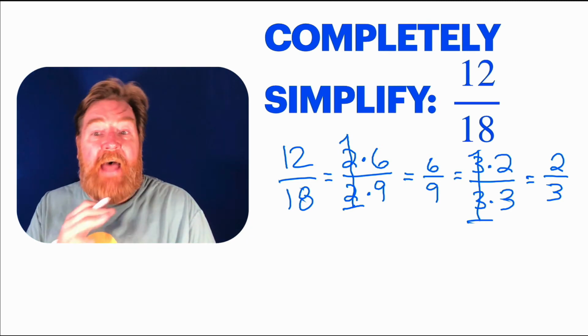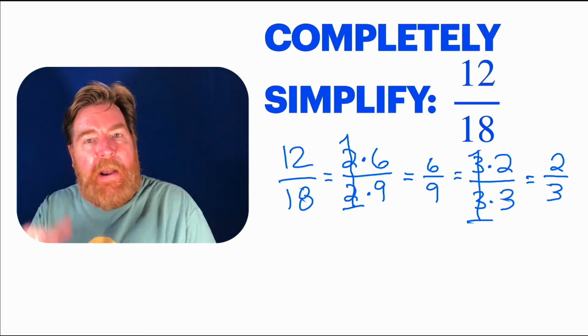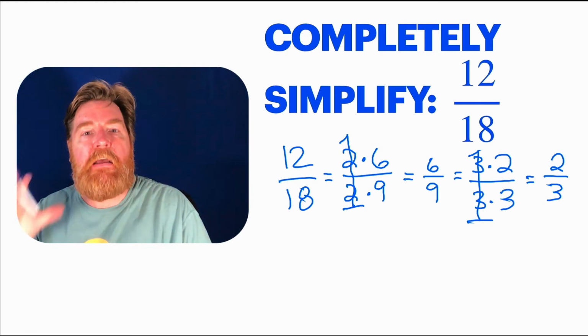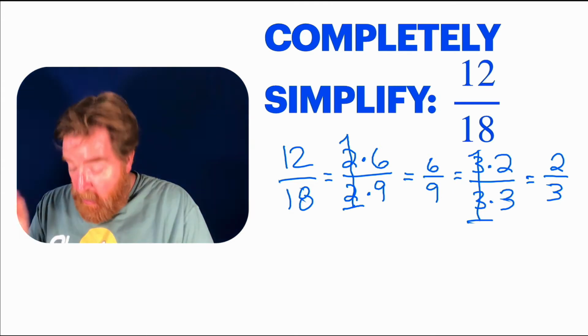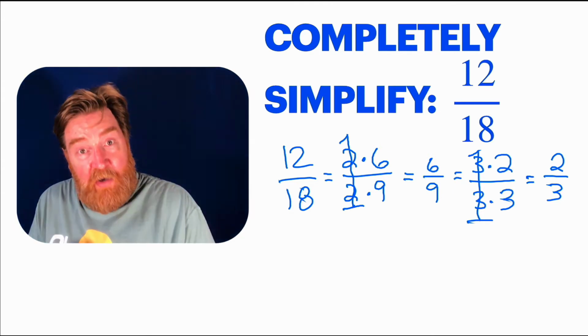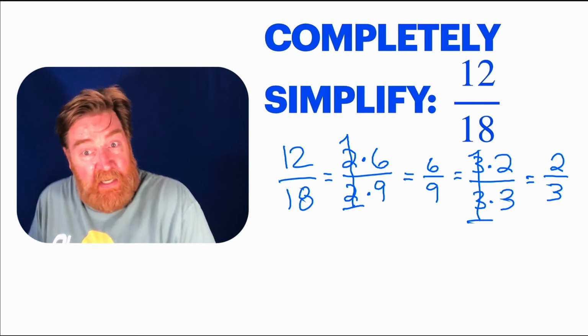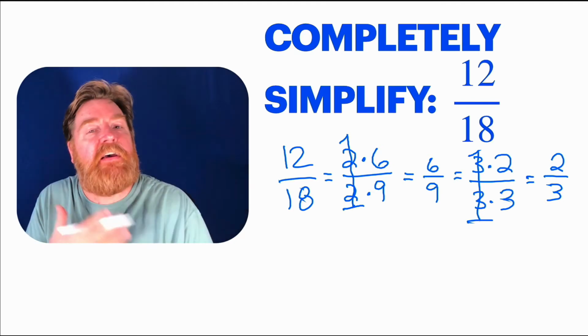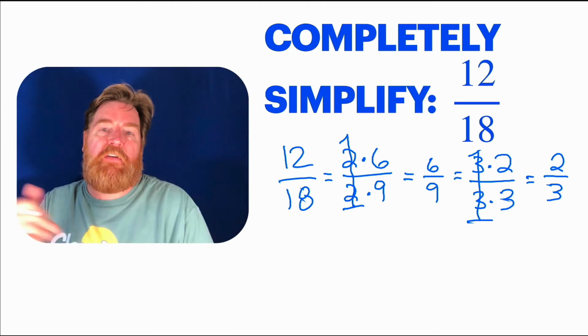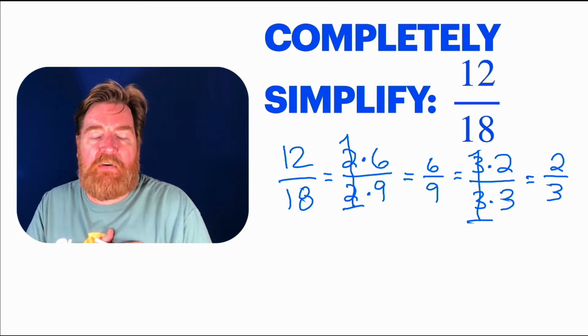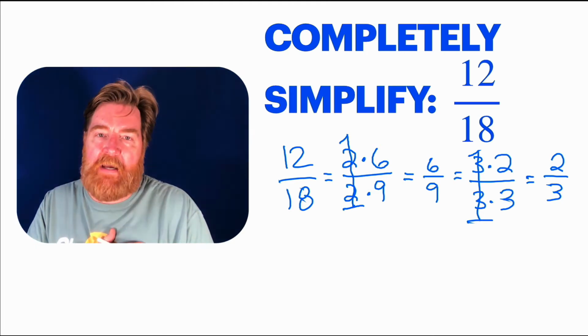We're done. That 2/3 is the bare naked fraction. That's fully, completely naked and simplified. All right. And again, just want to point out 12/18 is 2/3, and 2/3 is 12/18. Equivalent just means equal, but different looking. Okay, 12/18 and 2/3 are equivalent fractions.